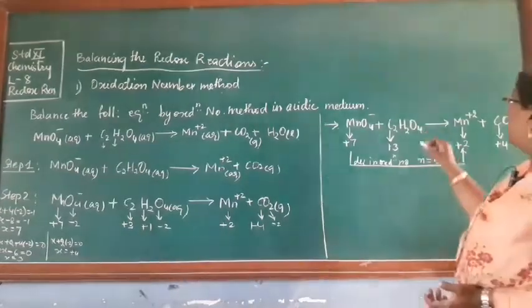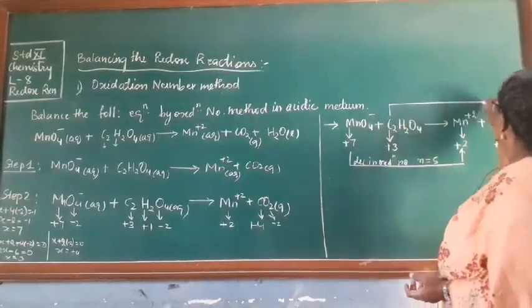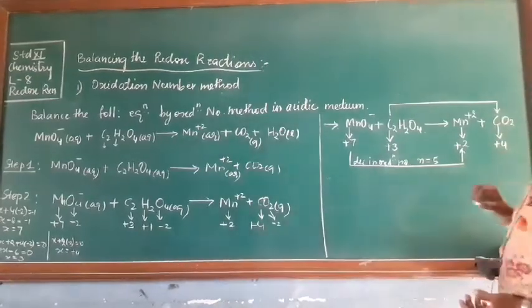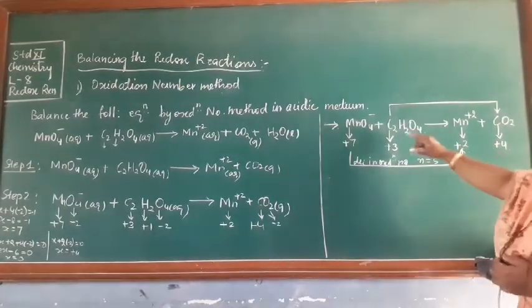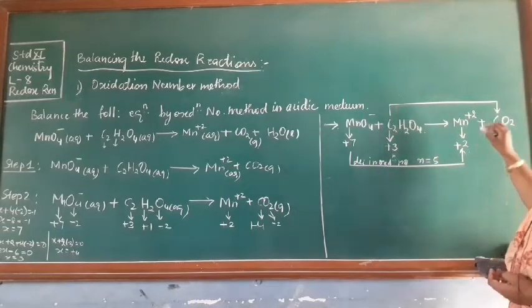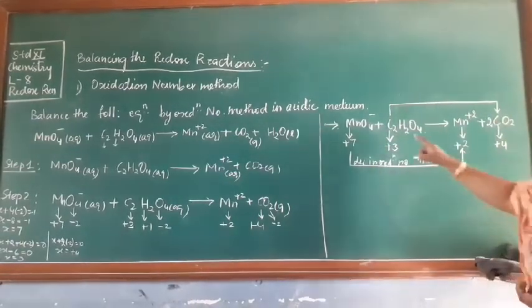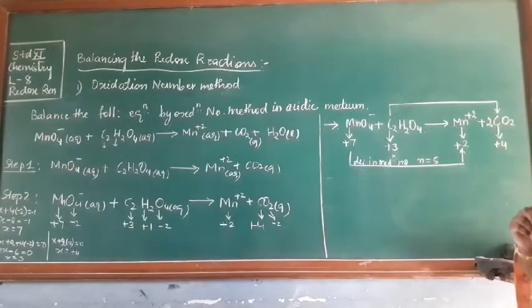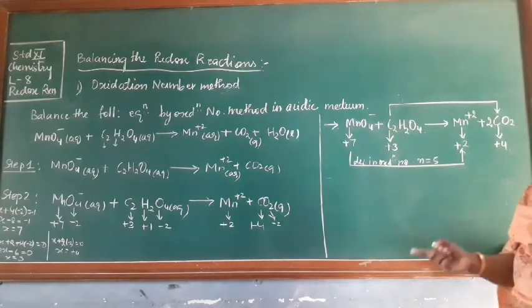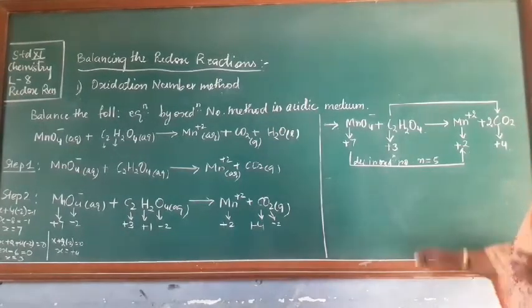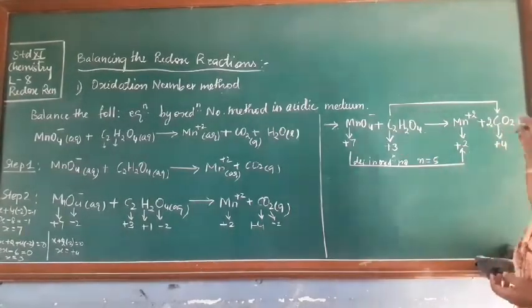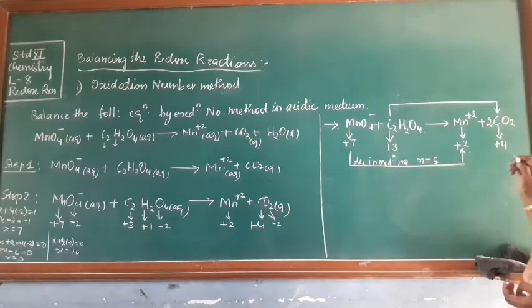Okay, and here carbon is moving from +3 to +4, but before that one thing you should understand, here it is 2 carbon, so I should put it here too so that I can have the atoms balanced, because whichever atom is undergoing oxidation or reduction it should be balanced. ठीक है, तो यहाँ पे C2 है तो यहाँ पे भी मुझे C2C लिखना पड़ेगा.